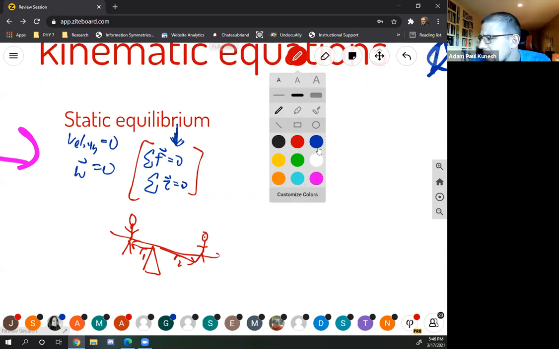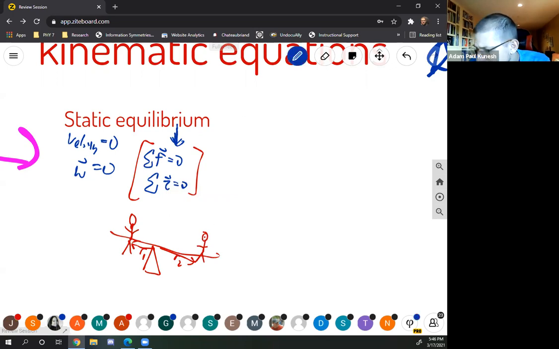If this is to be in static equilibrium, I need the forces exerted by the kids, F2 and F1, to cancel with something else on the system, namely usually the hinge force. So some force by the hinge, F hinge, that cancels those two. And in order for the system to stay in static equilibrium with no one moving, I need the torques to cancel.